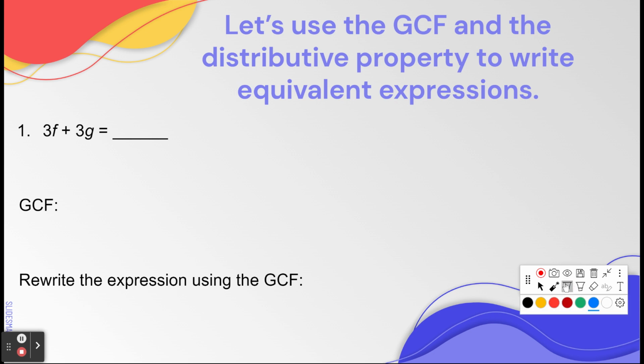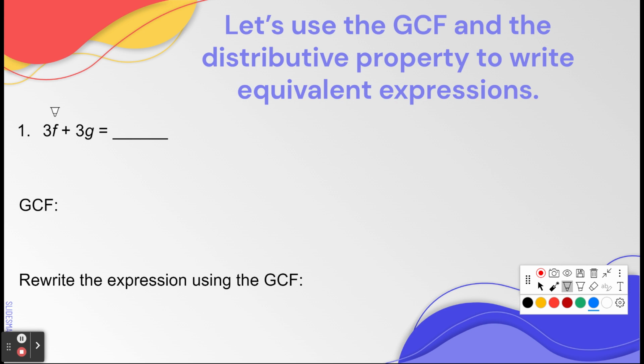Yesterday, when we did lesson 10, we expanded the multiplication when we had a coefficient and a variable. Today we might need to do that, and then we will find the greatest common factor and write an equivalent expression using the distributive property.